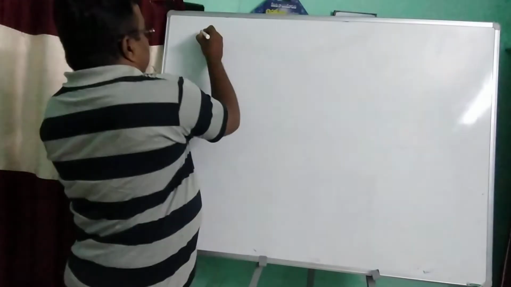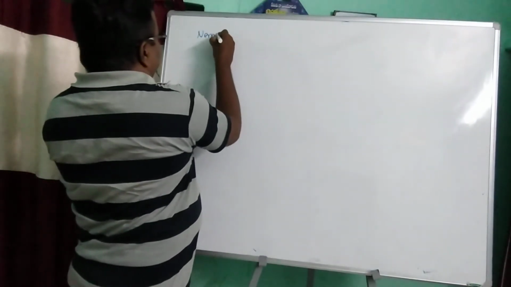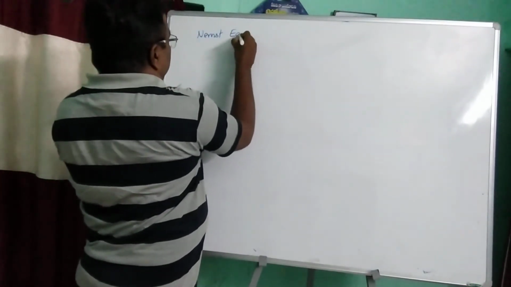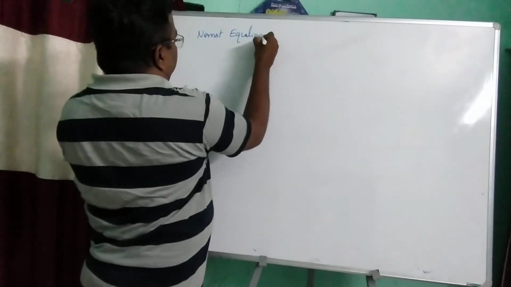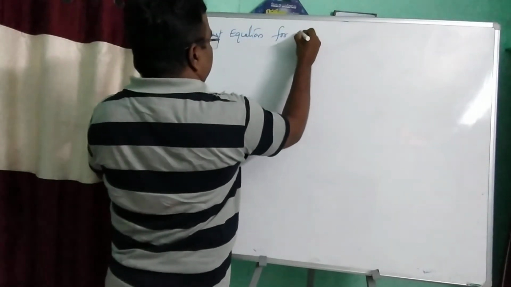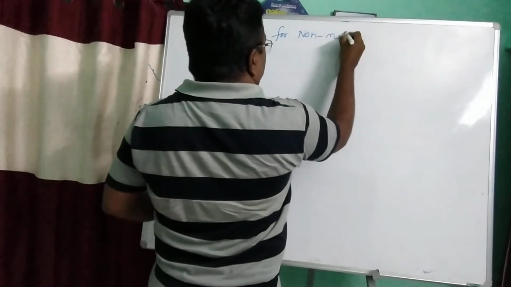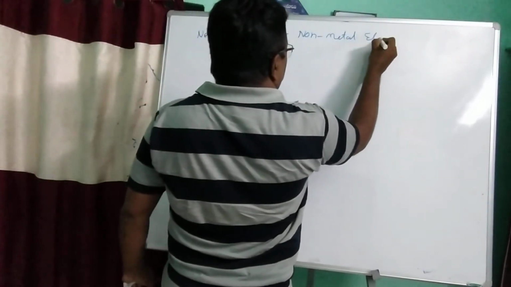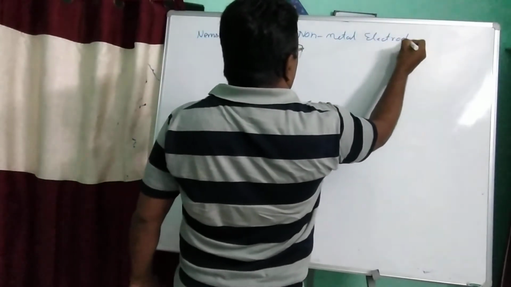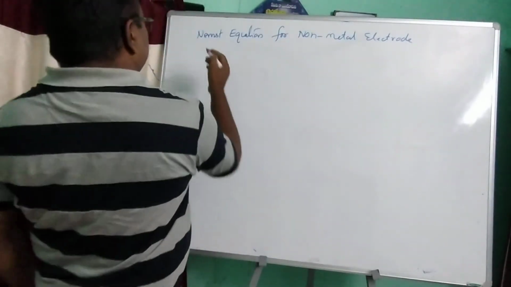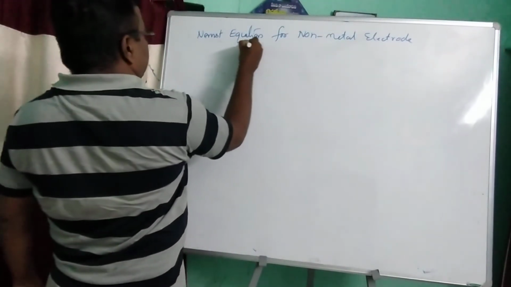Now, the Nernst equation for a non-metal electrode.